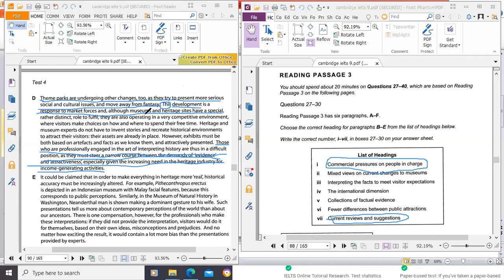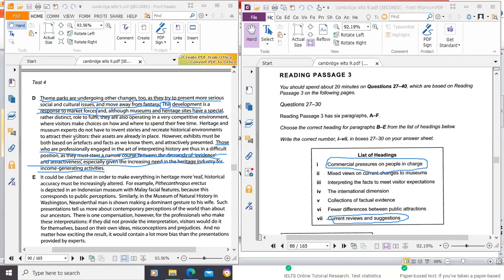Okay, full stop. Let's leave it here. Market forces. Now this passage is all about the response of these people, theme parks, to the market forces.